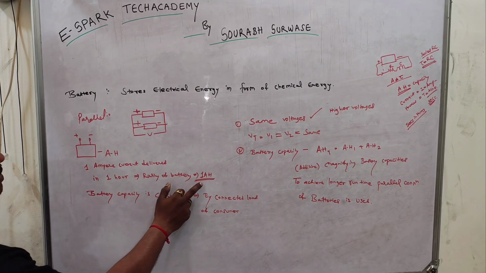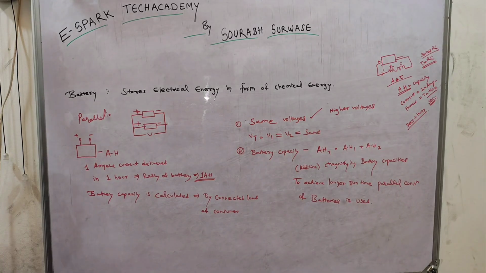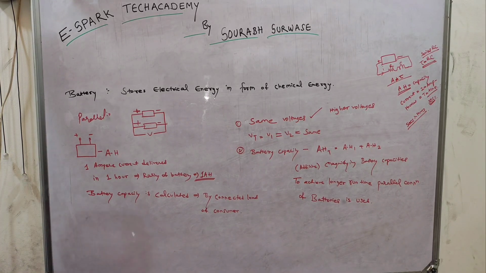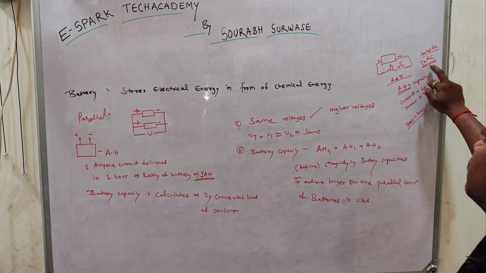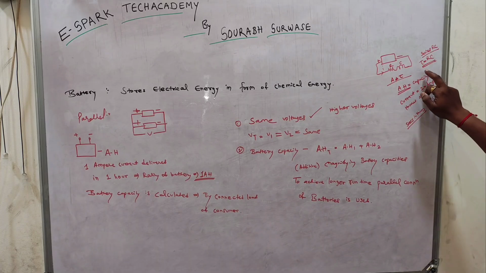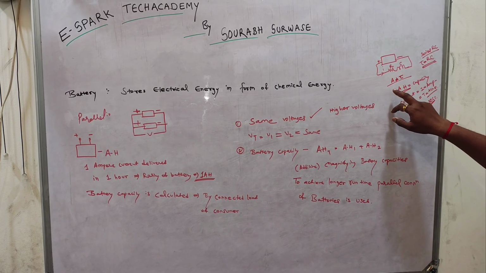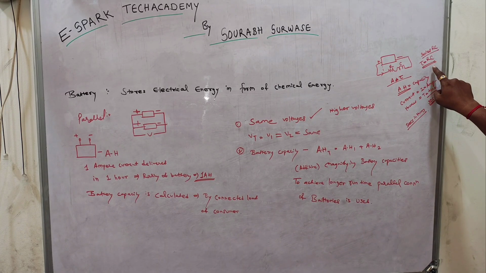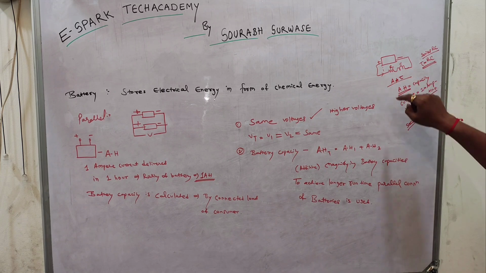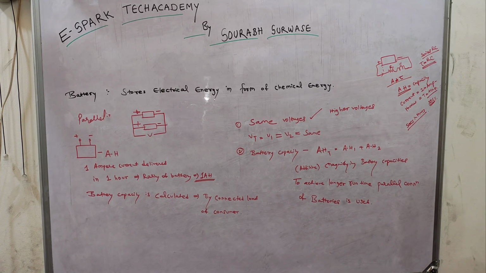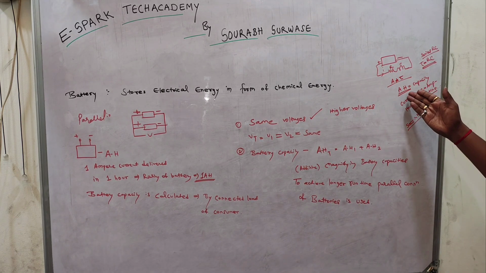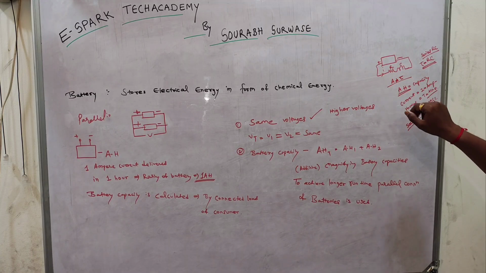When a load is connected to the battery, for example an RC circuit, the time constant is tau equals RC, and the energy will be discharged across it.